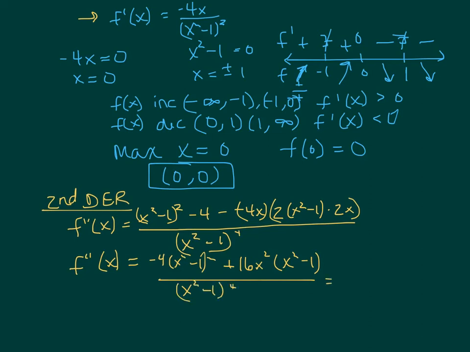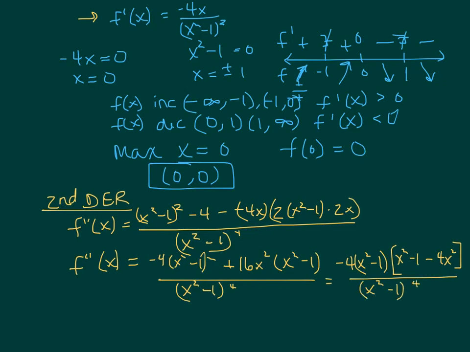I recognize that in the numerator I can factor out a negative 4 and an (x squared minus 1) from both terms. So I'd be left with (x squared minus 1) for the first term, and then minus 4x squared for the second term, all over (x squared minus 1) to the 4th.